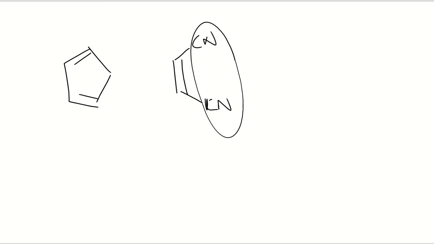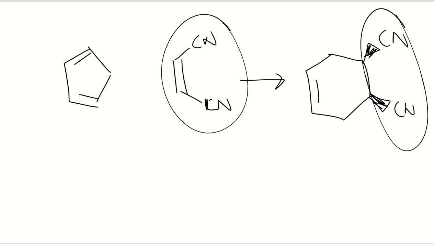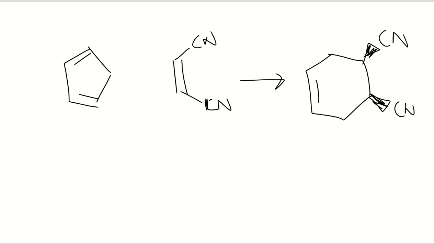Well, this is a cis dienophile, so when I form my product, they're both going to be wedges, or they're both going to be dashes, because a cis dienophile would produce a cis substitution here.